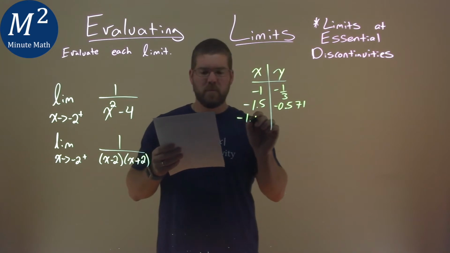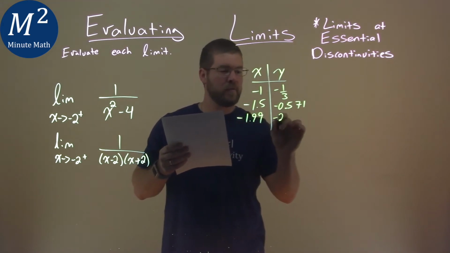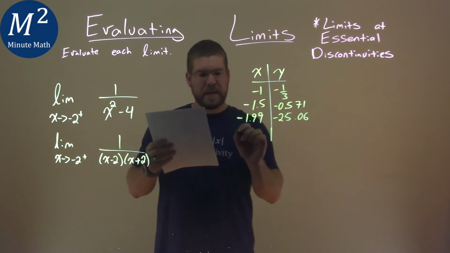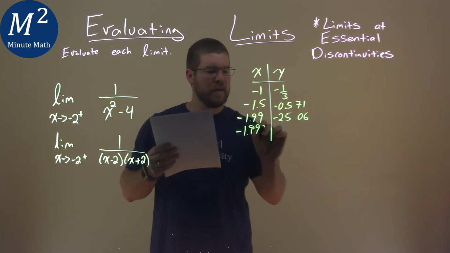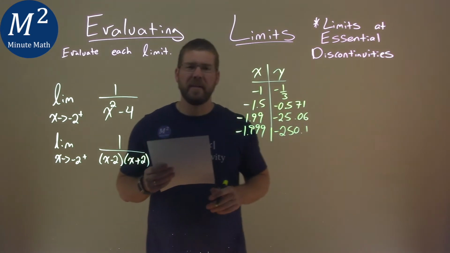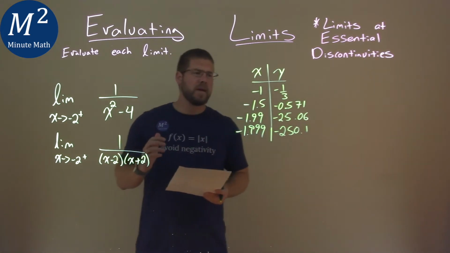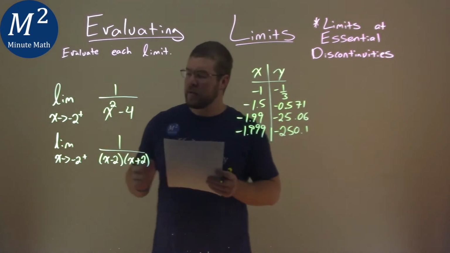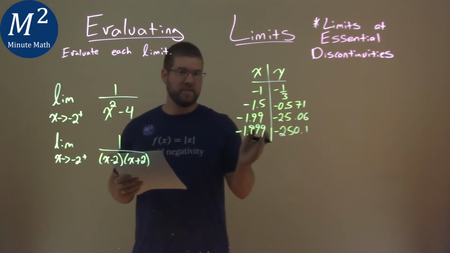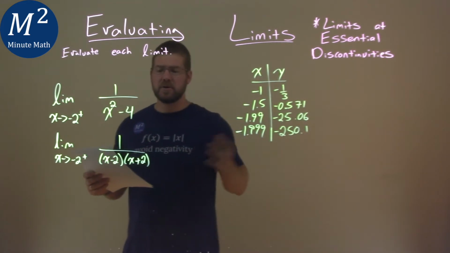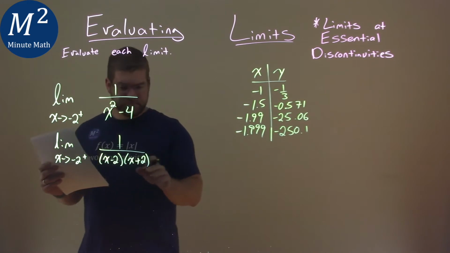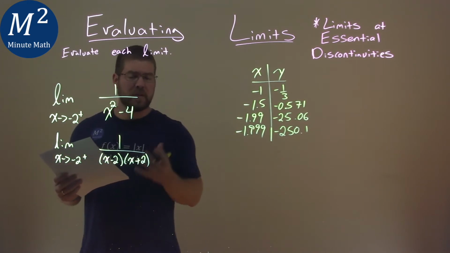At -1.99, we get -25.06, and I used my calculator for these values. And at -1.999, we get approximately -250.1. And what that shows us is as we get close to -2 from the right, we're approaching negative infinity. It's getting larger and larger, approaching negative infinity, which makes sense. We're dividing by some 0, so we know that's going to happen.